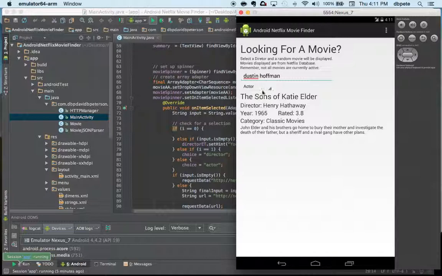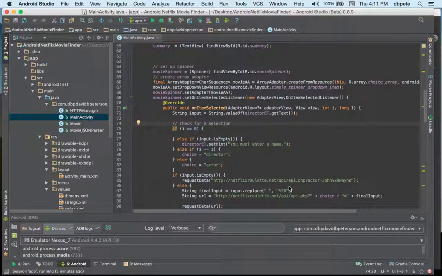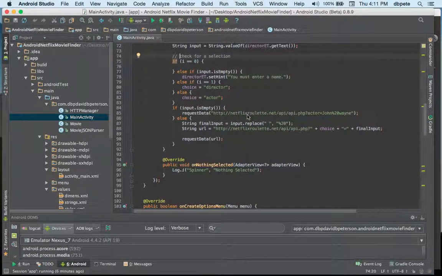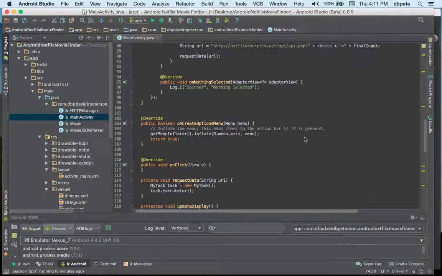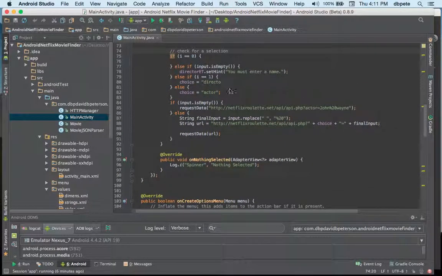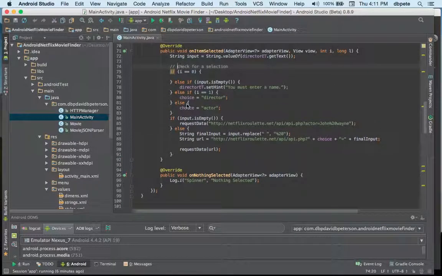One of the big things that I had to do was put together the URL, and so what I did was the choice is made up of whether they selected one would be director and then two would be actor, and then the final input, I had to take the input and replace all of the spaces with %20.